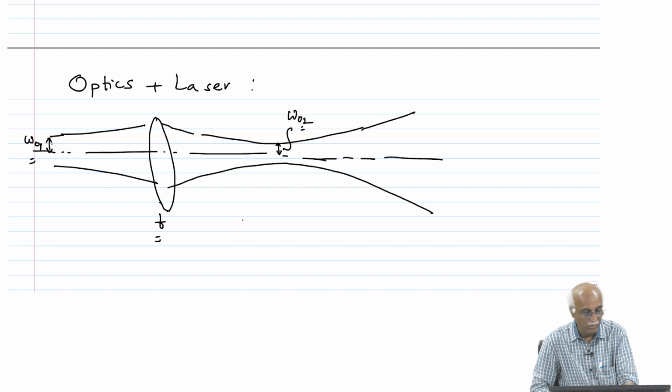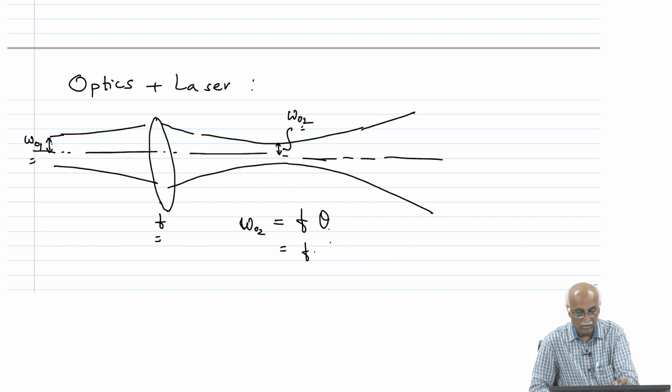So what is this W02? W02 is nothing but f times theta, the divergence angle. In terms of half angle divergence, theta is lambda by pi W01.